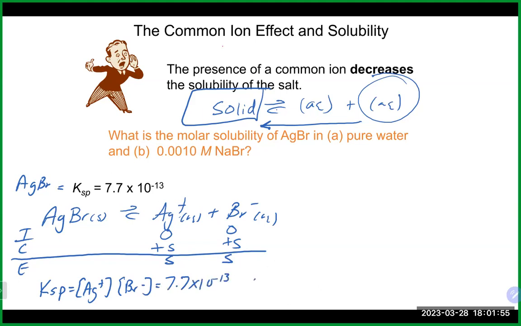Basically, that gives us S squared equals 7.7 times 10 to the minus 13. Taking the square root of both sides gives us an S value of 8.8 times 10 to the minus 7 molar. That would be the molar solubility of silver bromide just in water.